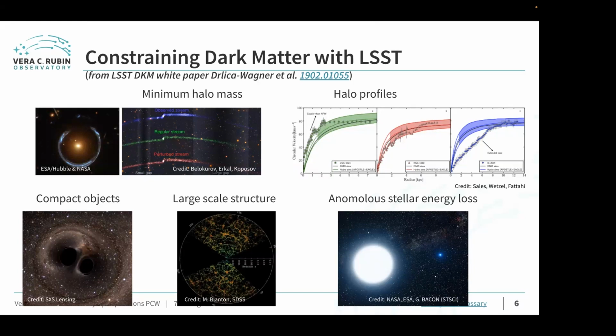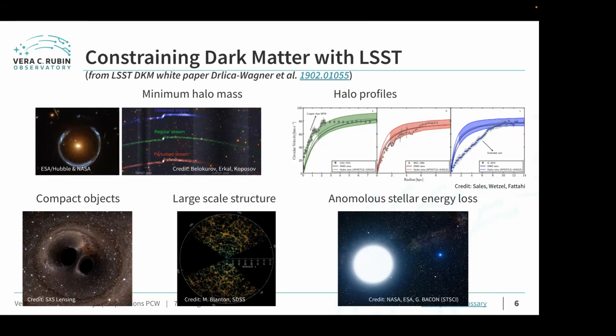And then we've also identified a number of local probes with anomalous stellar energy loss, like the white dwarf luminosity function, and we can see effects in maybe core collapse supernovae and the behavior of stars.